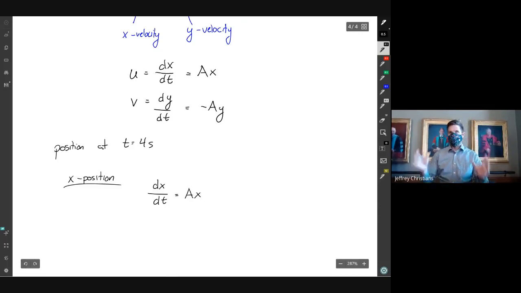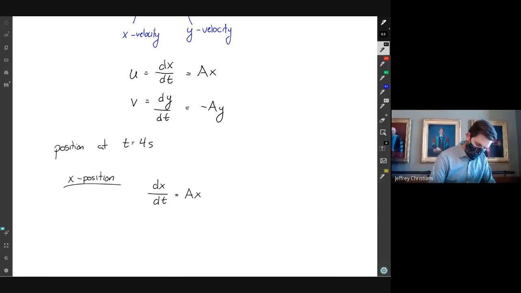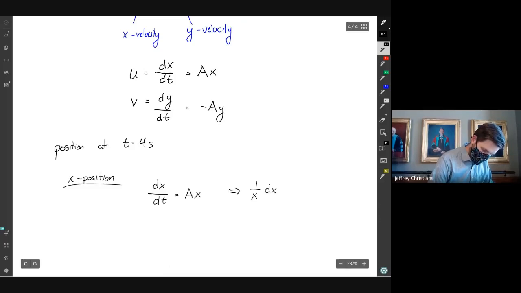So we're going to, again, separate variables and integrate. Let's get the x's on one side and the t's on the other side. We'll just divide both sides by x, so we'll get 1 over x dx equals a dt.